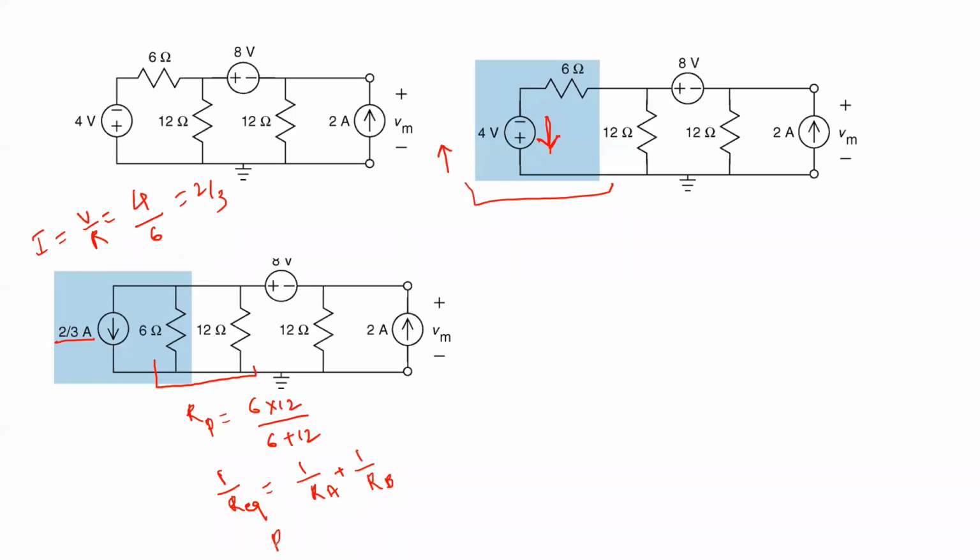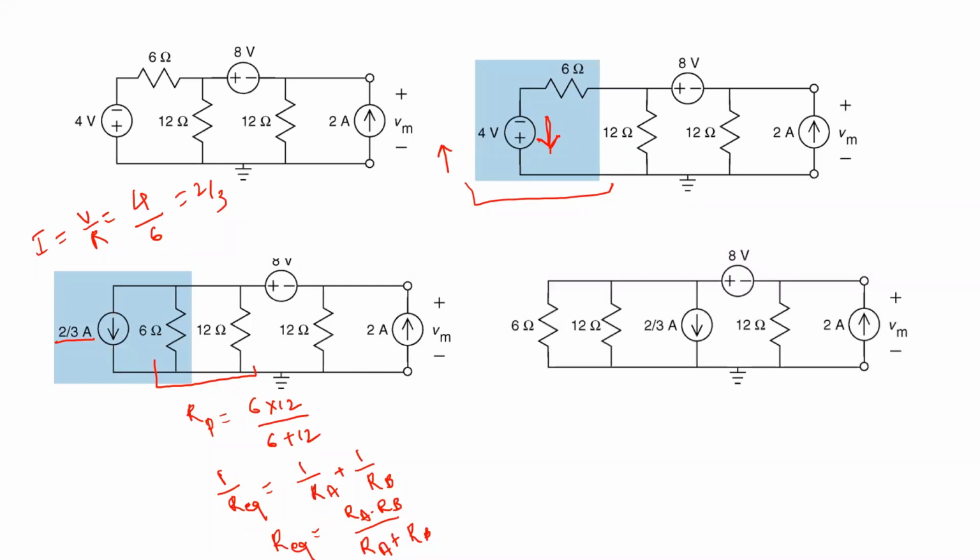It can be simplified as R equivalent equals RA into RB divided by RA plus RB. Using this concept, these two resistors can be converted into a single resistance.